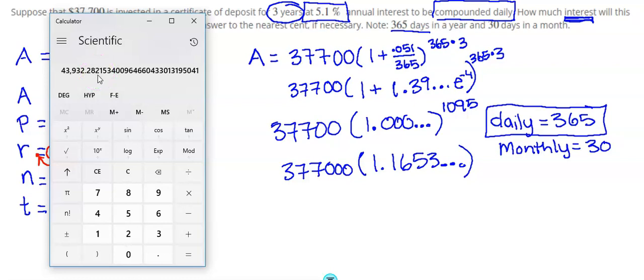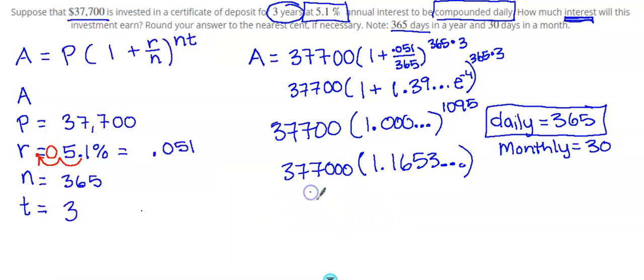If this number to the right is less than 5, I don't add anything to the 8 and I still drop everything. So my answer is 43,932.28. Okay, this is our answer to the question, what is the total amount we earned?